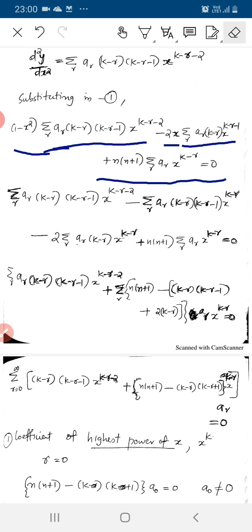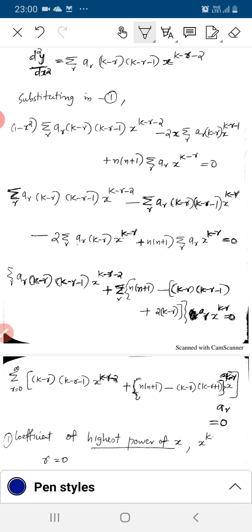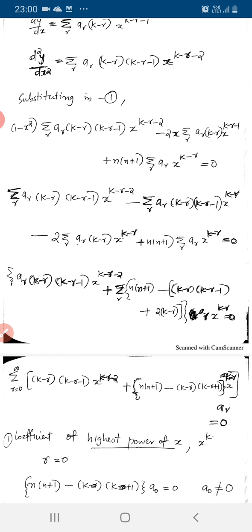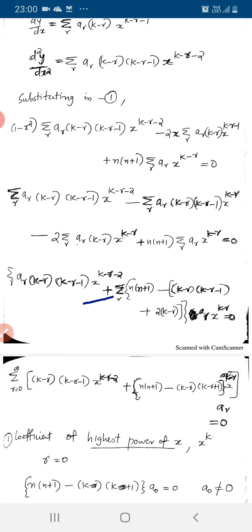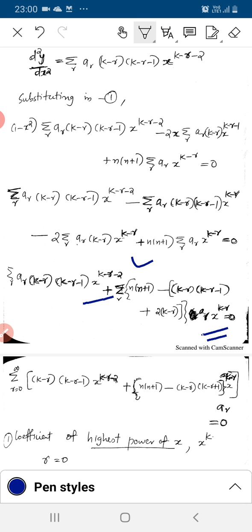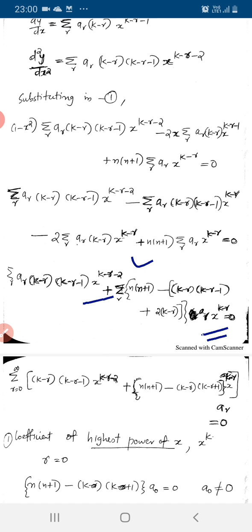Now we have this substitution, and we write like terms together. The coefficient of x to the power k minus r minus 2 is written here. The second term is the coefficient of x to the power k minus r, so they are brought together.